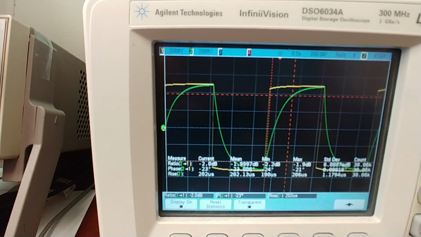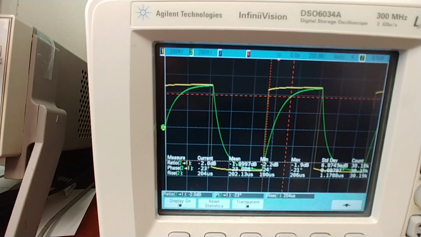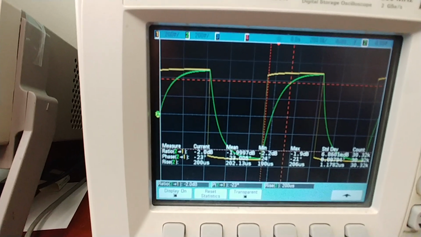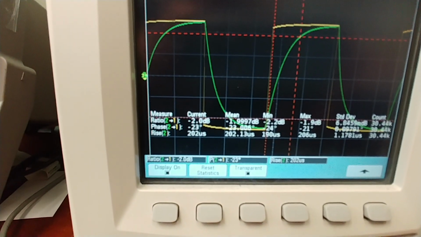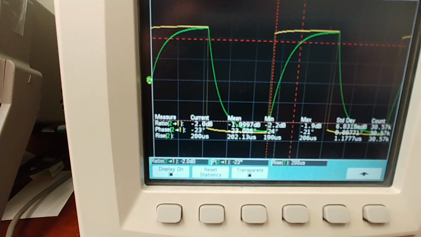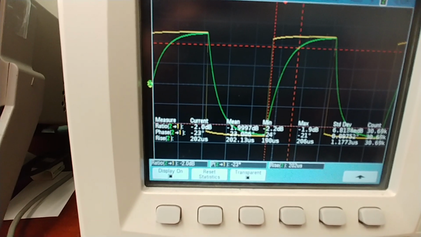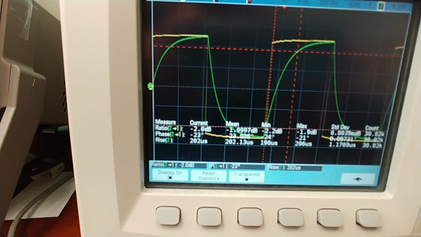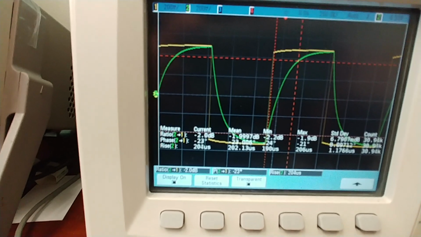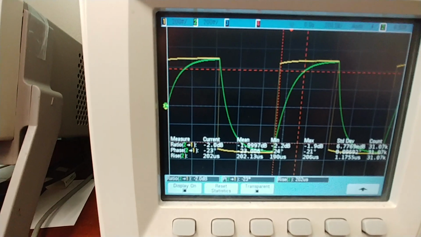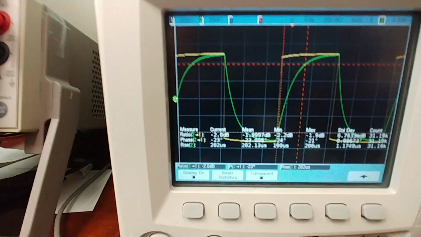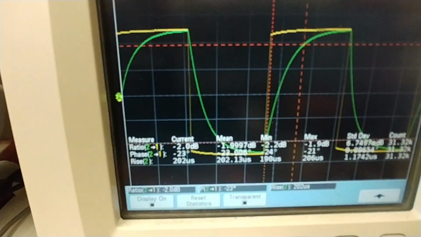Now, I calculated in this circuit that the period should be about a millisecond, and if we zoom in here, we can see that it's measuring a rise time of about 202 microseconds, but I'm not actually giving it enough time to get to its final value.